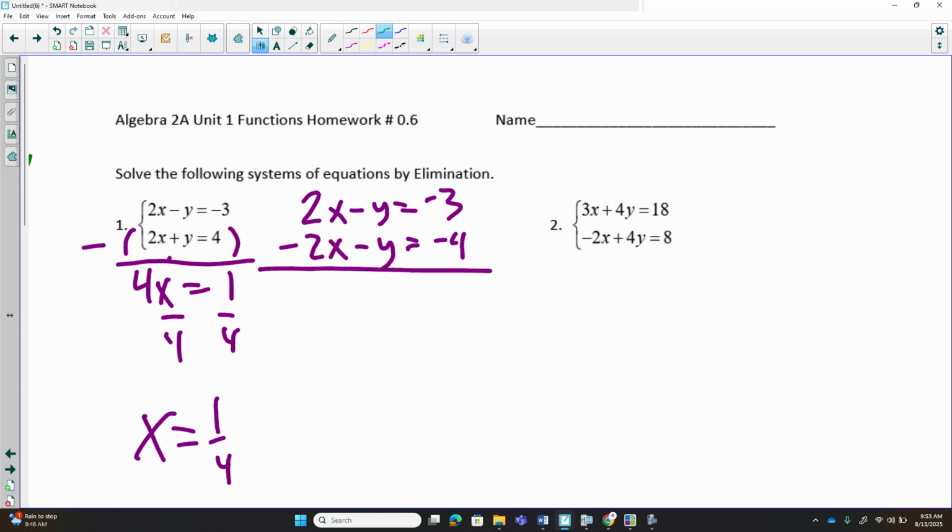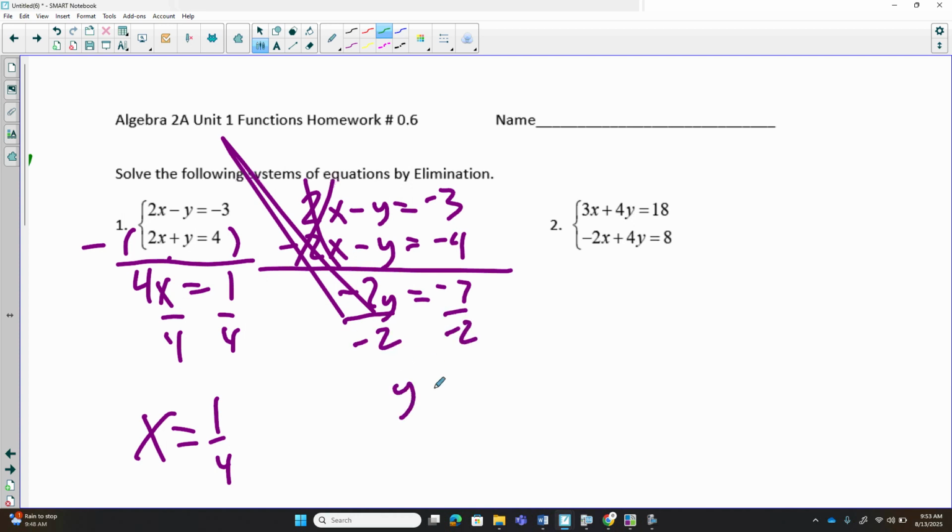So now when I add it together, the x's go away, leaving me a -2y and a -7. So when I divide by a -2, I'm going to get y is equal to 7/2. So then I write my ordered pair when I get done. I have to have an x and a y as my solution. So that's what it would be.